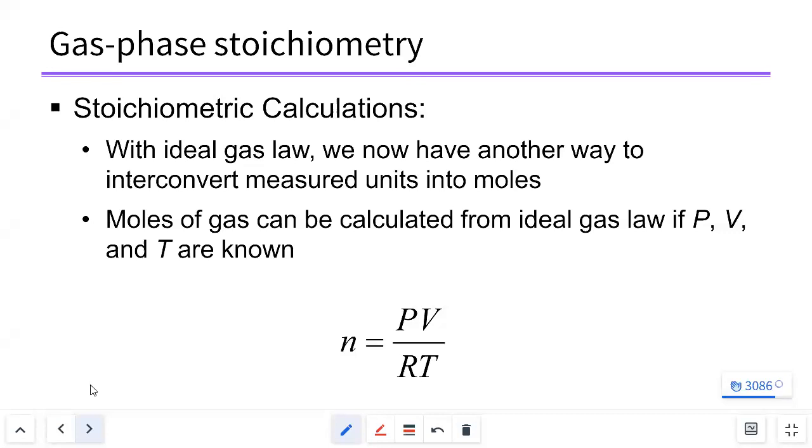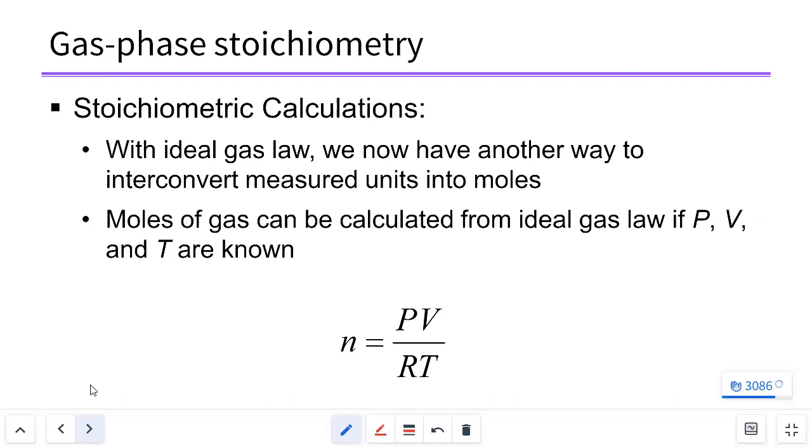Now, for gases, what can we measure? Pressure, volume, temperature. Pressure, volume, temperature, moles. That sounds like the ideal gas law to me. And so the ideal gas law becomes that bridge for us that allows us to equate what we know about a gas and what we know about stoichiometry.